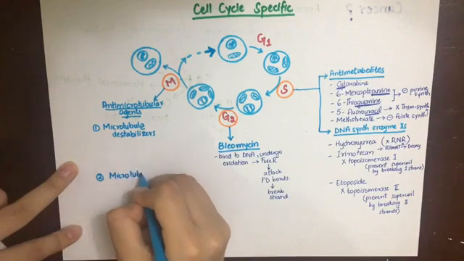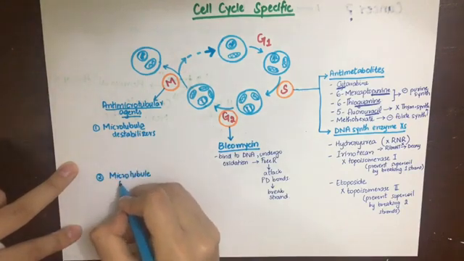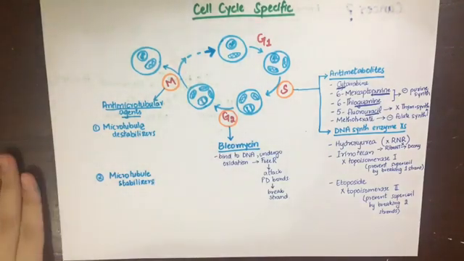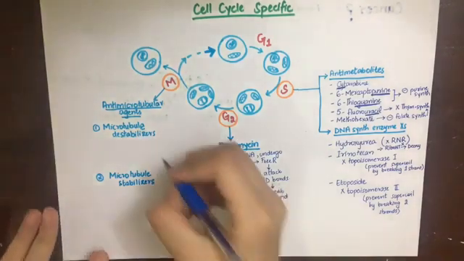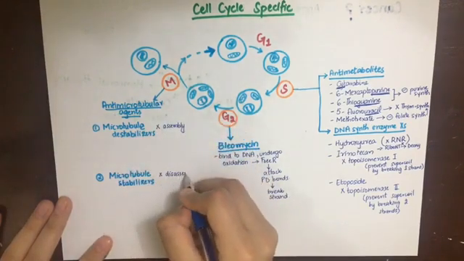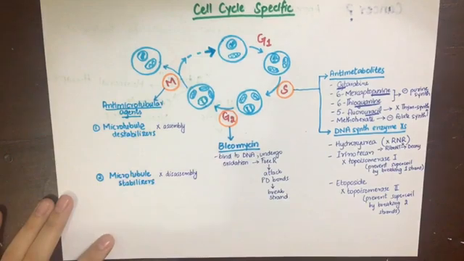Now, what these anti-microtubular agents will do is stabilize the microtubules when the cell needs to destabilize them and degrade them after the cell has divided, and destabilize them when the cell needs these microtubules for cell division. So that's why they are classified into two types.